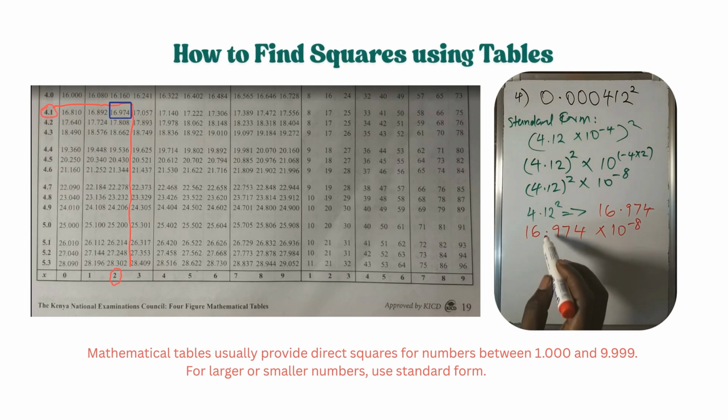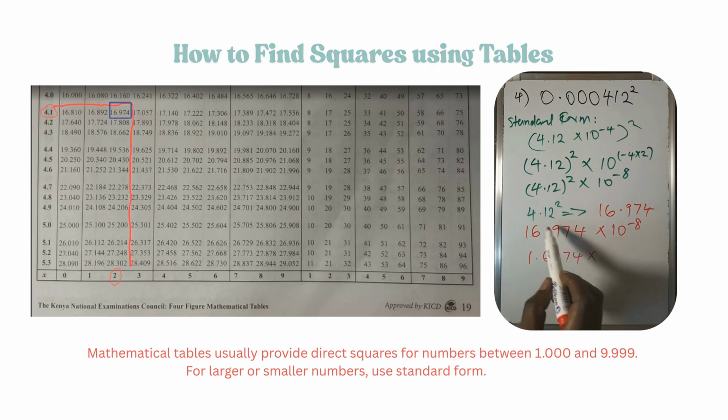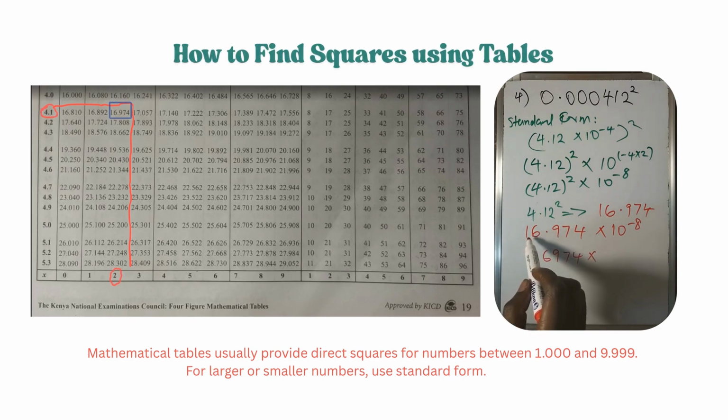In the standard form, we shift the decimal to here, and we'll have 1.6974.